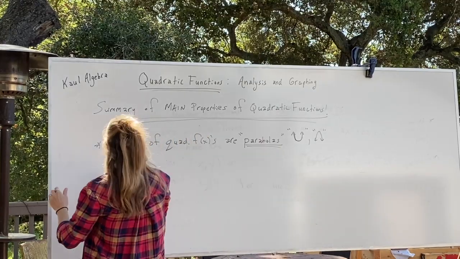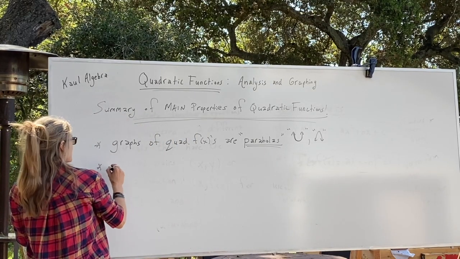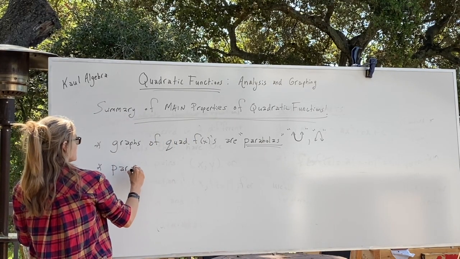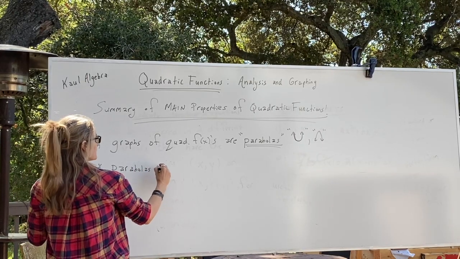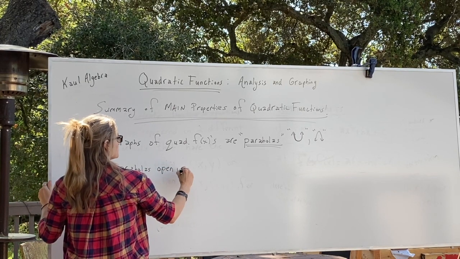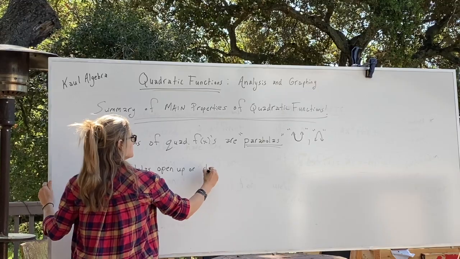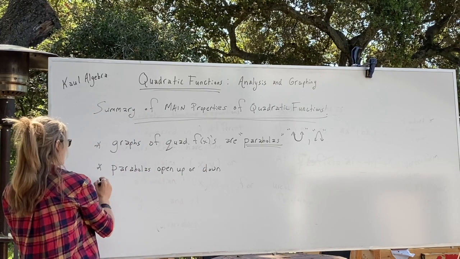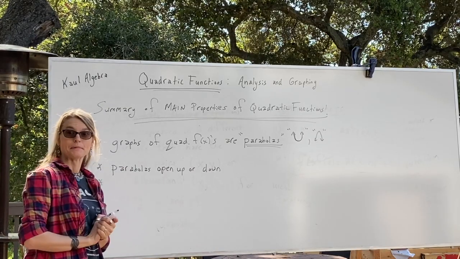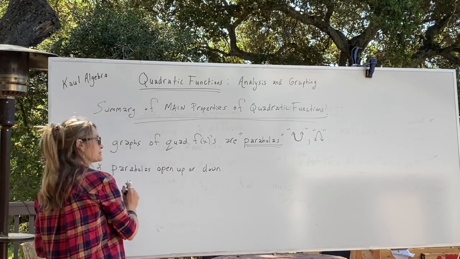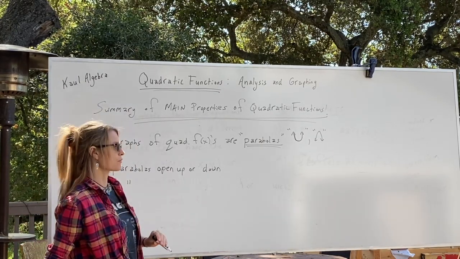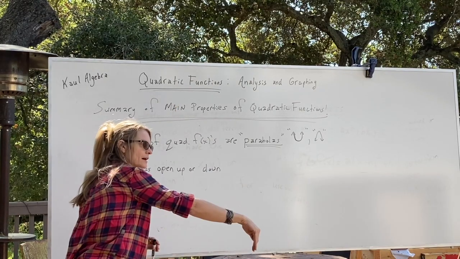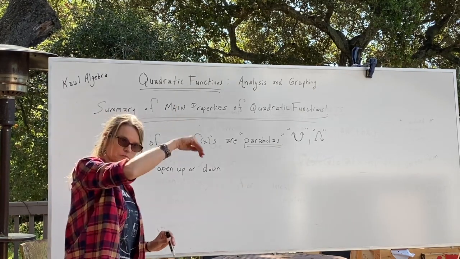Okay, so these parabolas have openings. They open up or down. That's called the opening. They have a maximum and a minimum value, which we use for a lot of analysis. So if you roll a ball up in the air and it comes down, it reaches a maximum height.